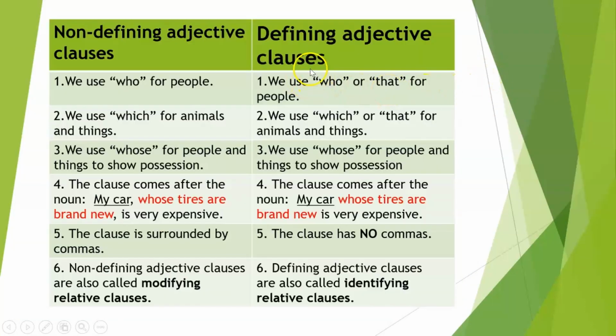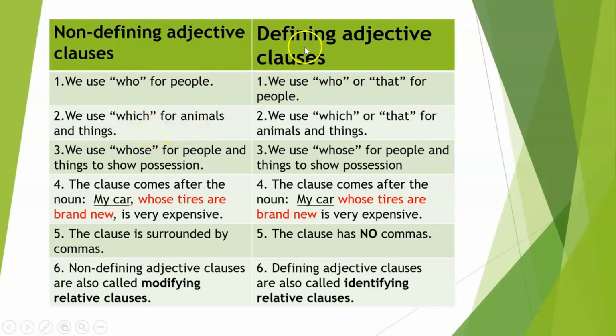Now, let's take a quick recap of non-defining adjective clauses and defining adjective clauses. On this side, for non-defining, we use who for people. For defining, we can use who or that for people. For non-defining, we use which for animals and things.